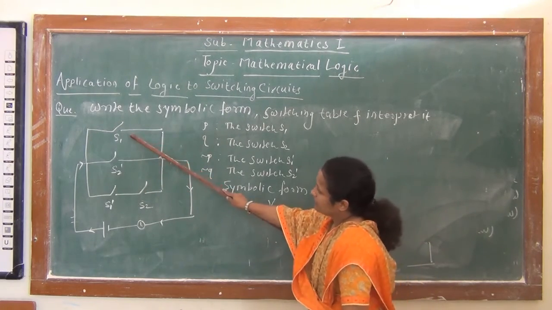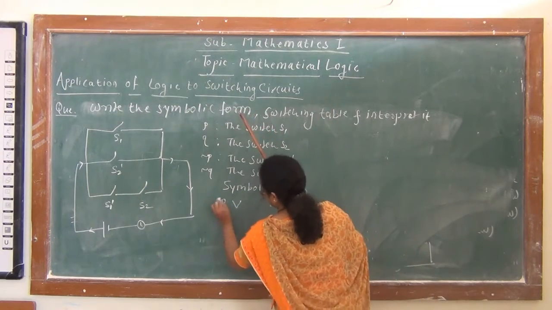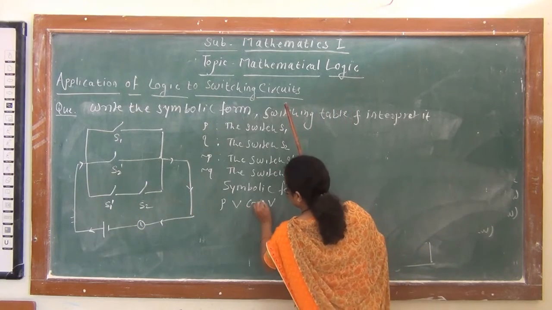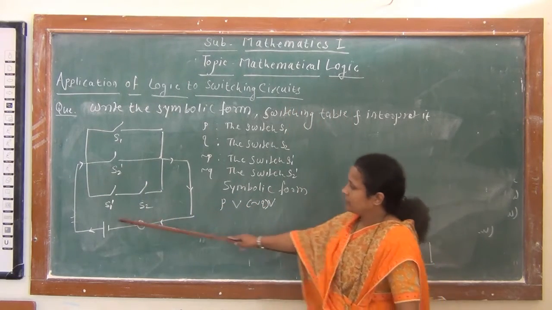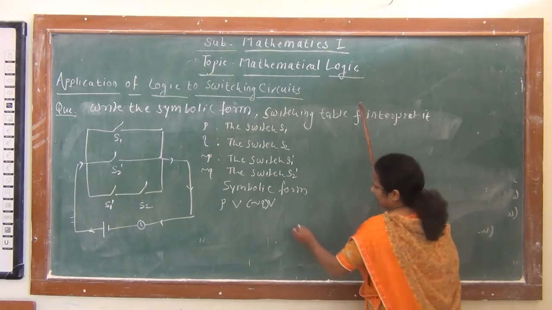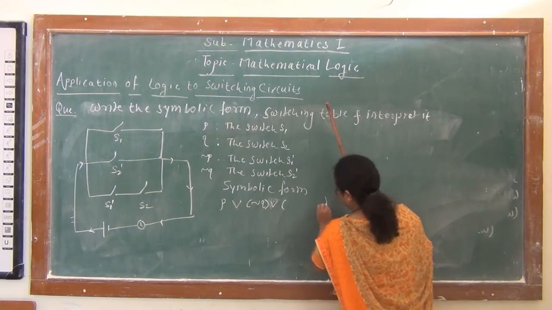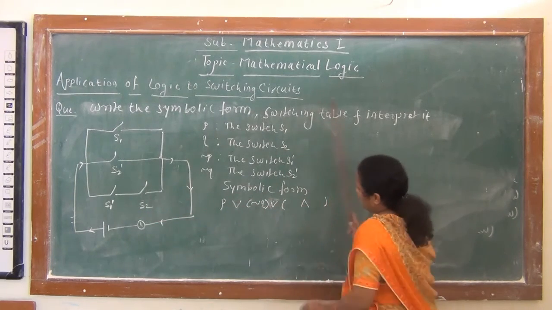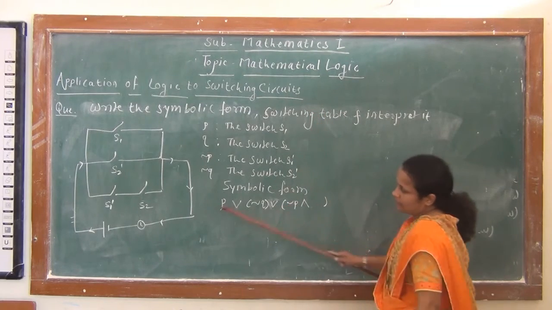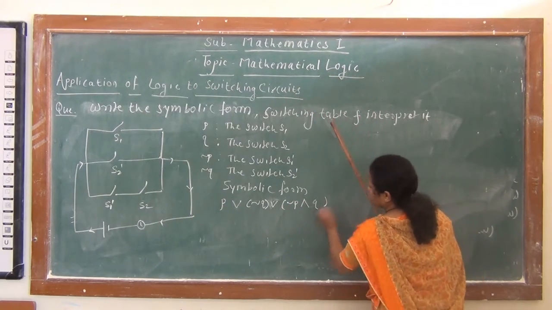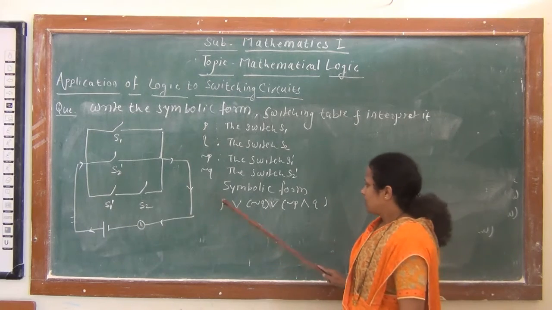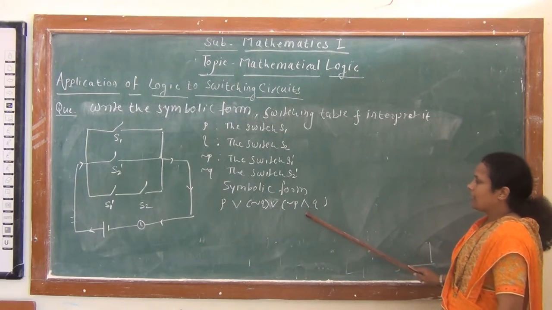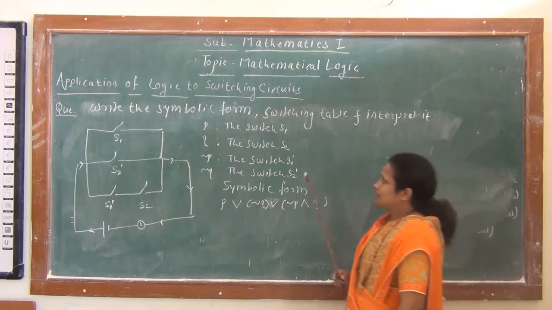Then for first switch S1 you give P, for second switch S2 dash you give negation Q, and here 2 switches are connected to each other in series, so we draw a bracket, series, so the connective is AND. For S1 dash we use negation P and for S2 we use Q. So the symbolic form becomes P or negation Q or (negation P and Q). So this is the symbolic form.